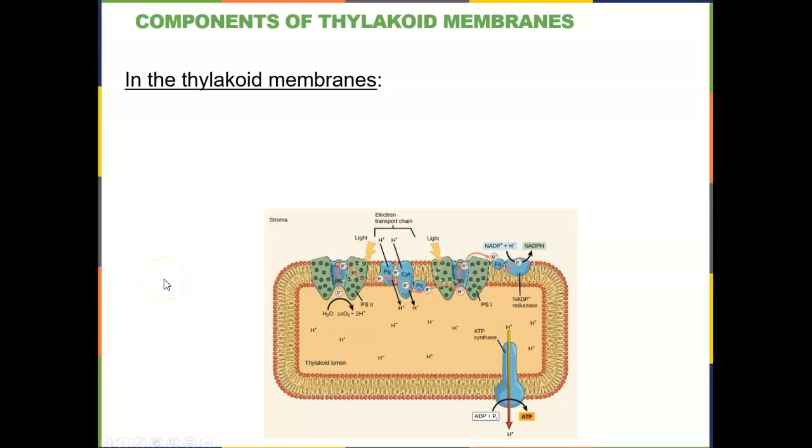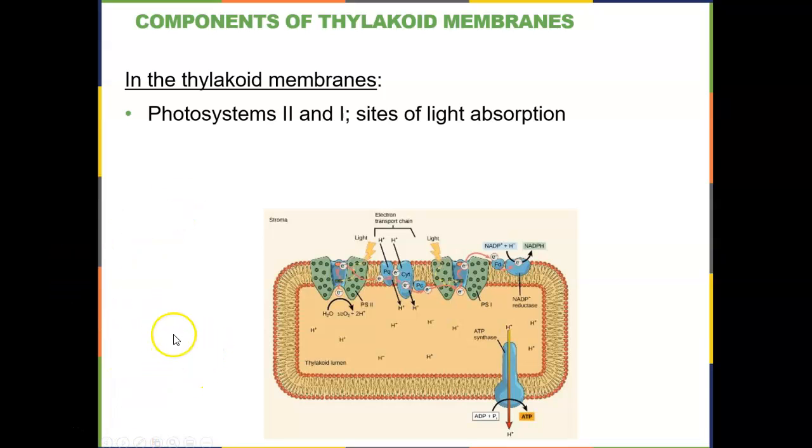But I'm going to go ahead and talk more about the thylakoid membranes and the light reaction and the Calvin reaction, which are occurring in them. In the thylakoid membranes, we have two groupings of light collectors, which are called photosystem 2 and photosystem 1. These are the structures which are going to absorb light.